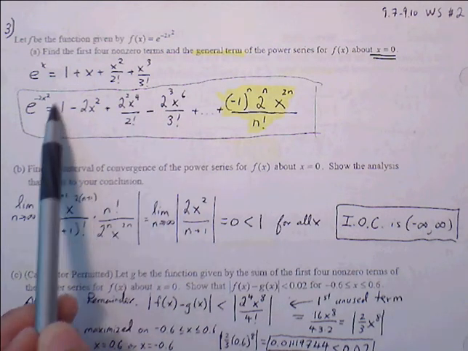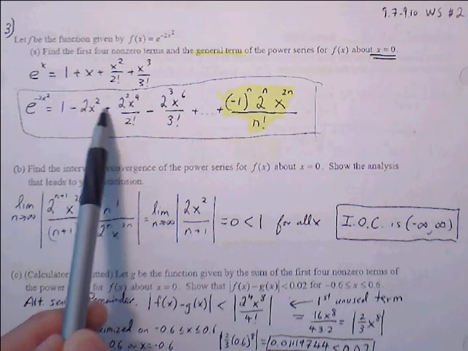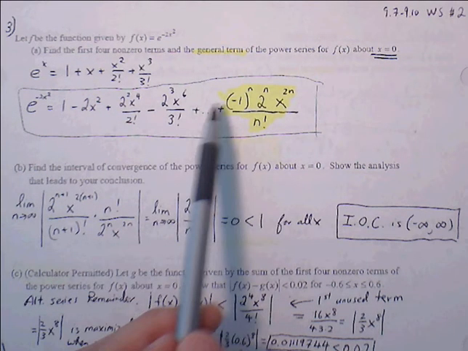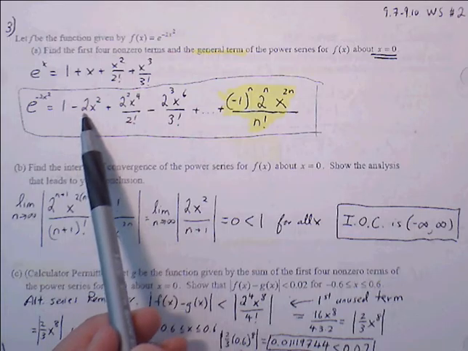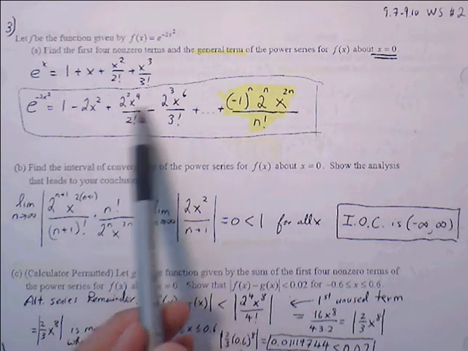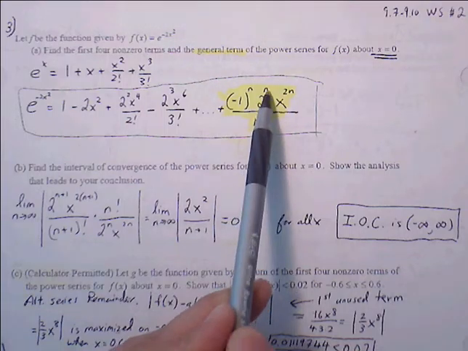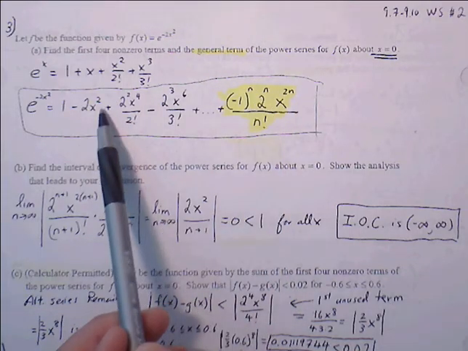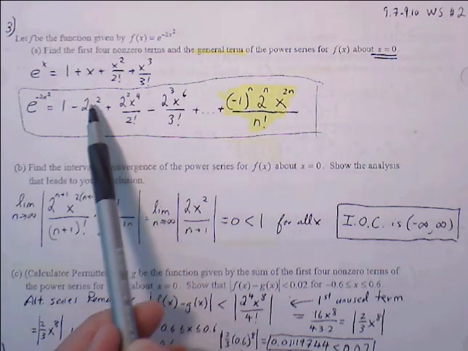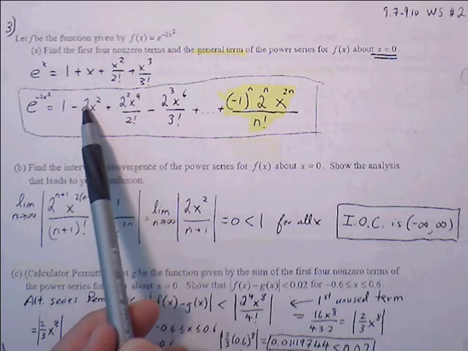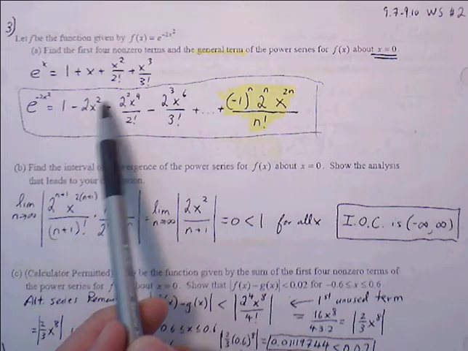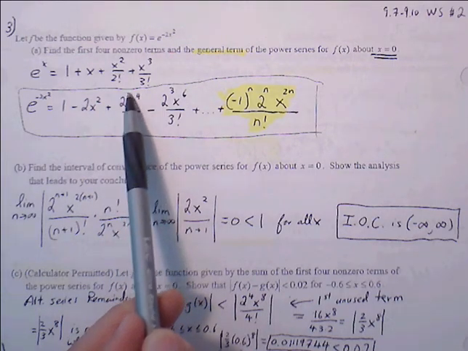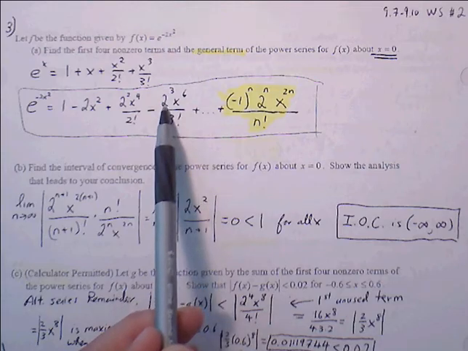First off, we know that there's going to be an alternator since each term is going to be changing signs, so we have the negative 1 to the n. We also see that the coefficients are going up by factors of 2, so we can have a 2 to the n representing that. And then the exponent for the x is going to be 1 ahead of the exponent for the base 2.